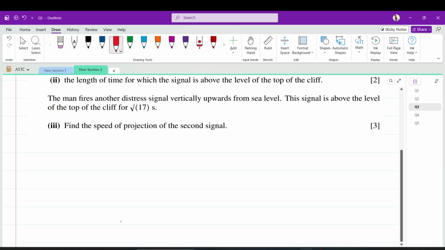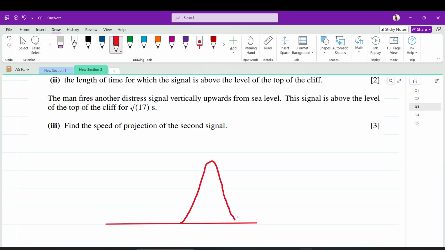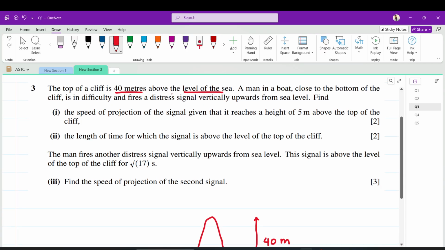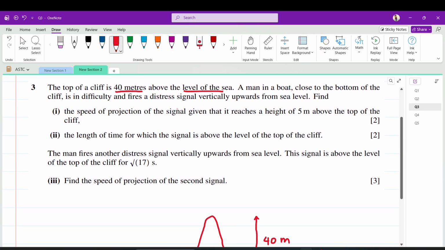Okay, so let's say that this is your sea level. Okay, and let's say that this is a cliff whose height is 40 meters. Okay, then it says that a man in a boat close to the bottom of the cliff.